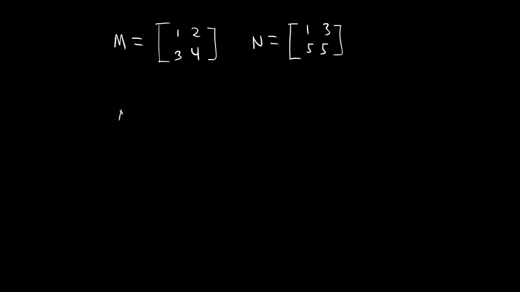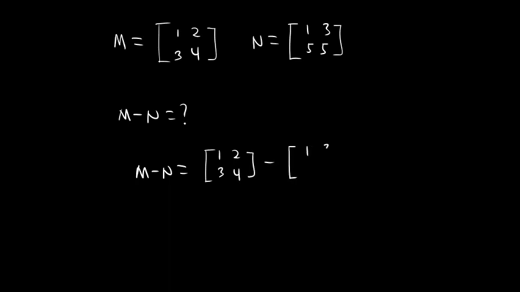So let's find M minus N. Let's go ahead and do this. So M minus N will be equal to 1, 2, 3, 4, minus 1, 3, 5, 5.